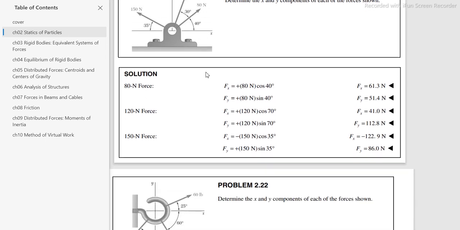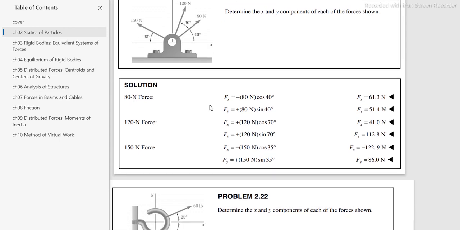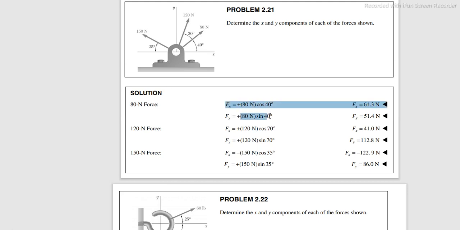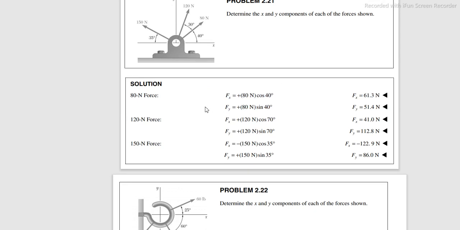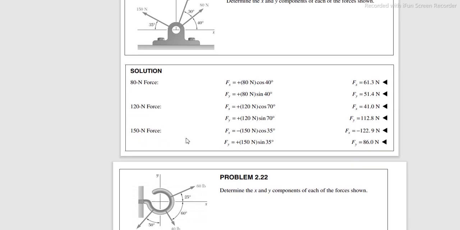The solution needs a free body diagram for the 80 Newton force, the 120 Newton force, and the 150 Newton force.